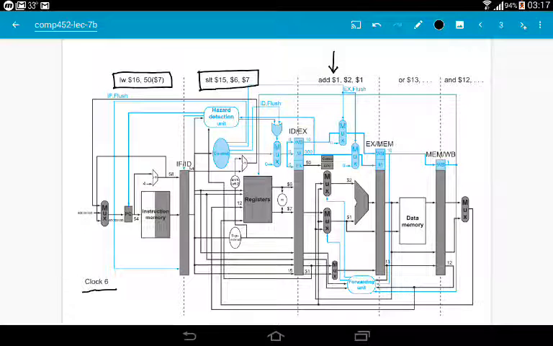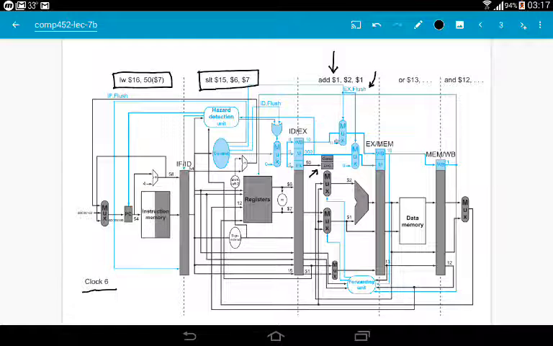Now when we detect the exception, we fill EPC with 50. You can see 50 here. We also store the proper cause. I think it's either 10 or 12, I forgot. One of them is for undefined instruction and the other one is for arithmetic overflow. We talked about it last time in lecture 7a. So the cause register is written, EPC is written, and then this EX flush signal will be activated as soon as this exception is detected.